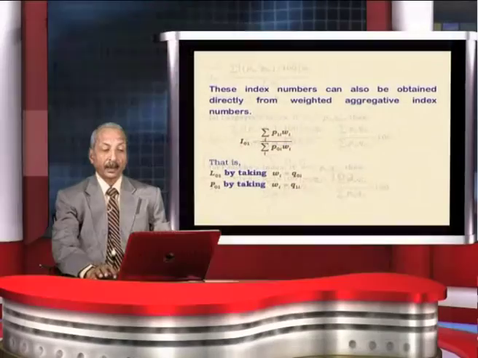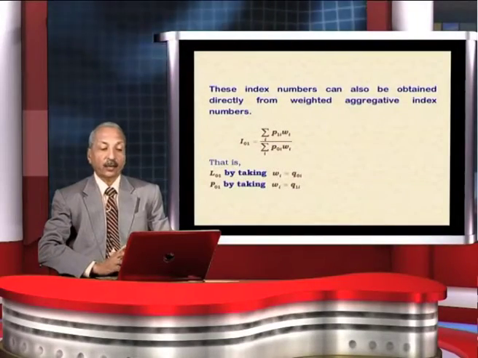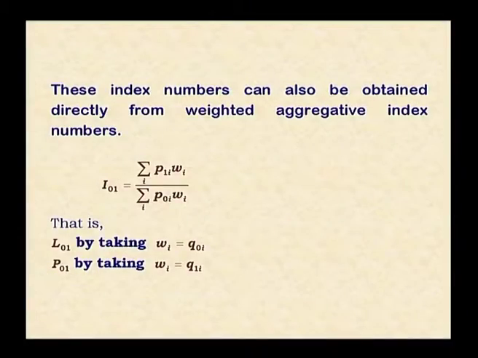These index numbers can also be obtained directly from the weighted aggregative index number. The weighted aggregative index number is denoted by, say, I01 equal to sum of P1i times Wi divided by sum of P0i times Wi.